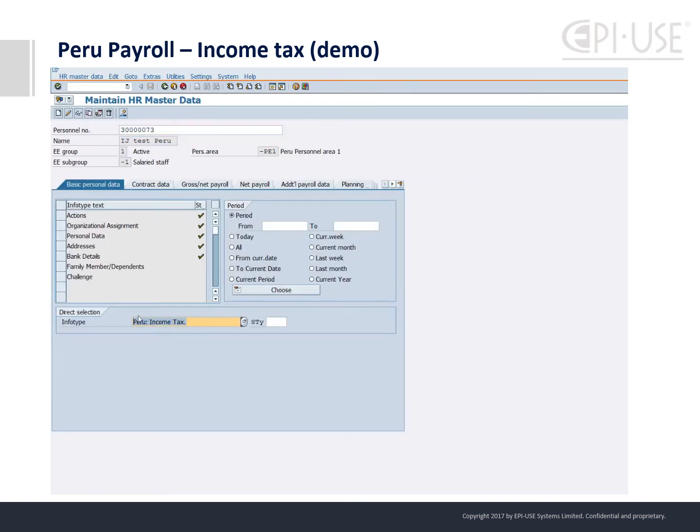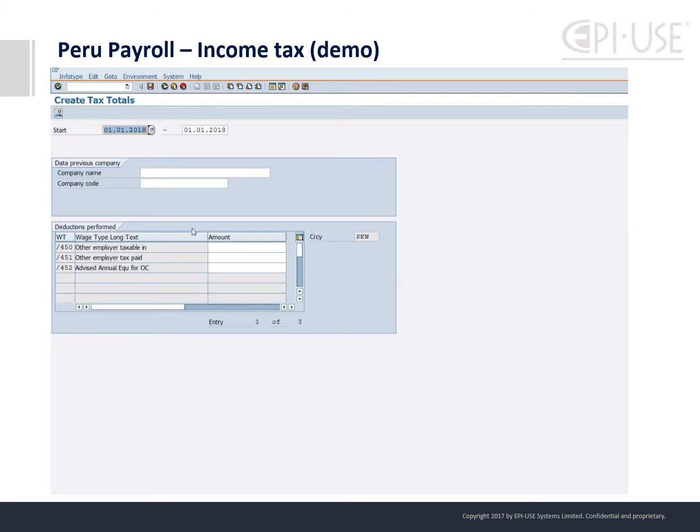Then there's also another info type, 9301, for tax totals. Within this info type, tax data from a previous company or a previous employer can be loaded in here to be taken into consideration for the payroll runs within the new company.